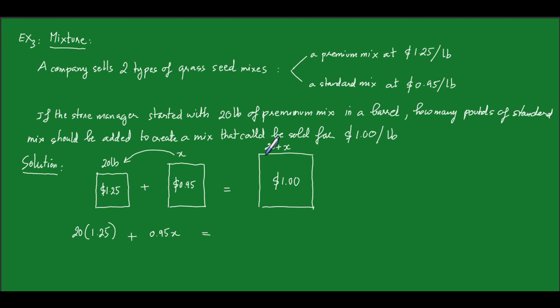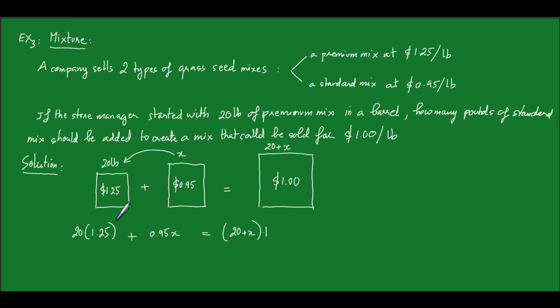Right? You add up this, it gives you that. So it will be 20 plus x times what? Times 1. Right? Times 1. So that's the equation.